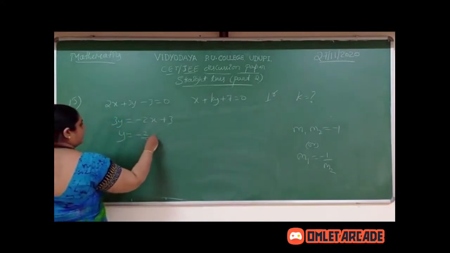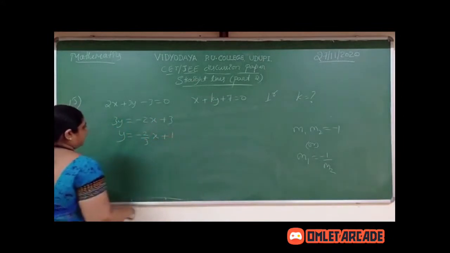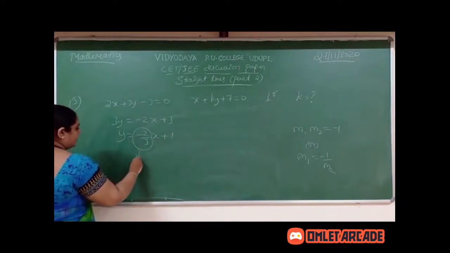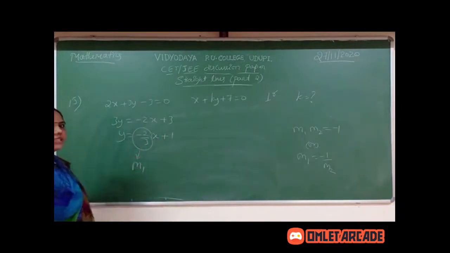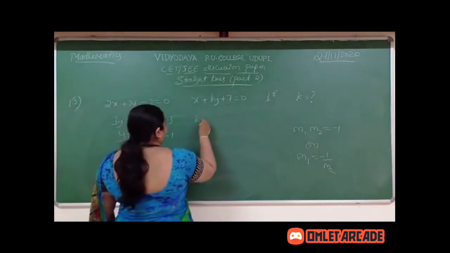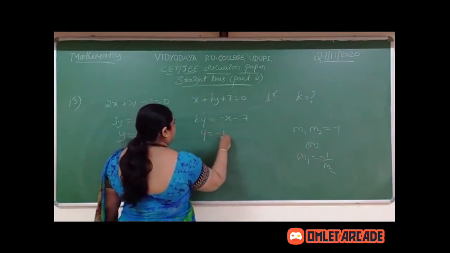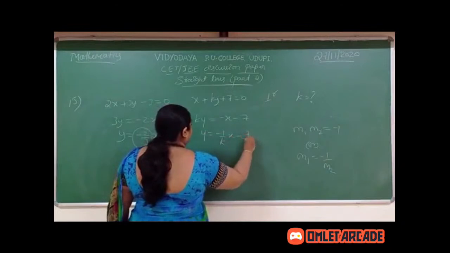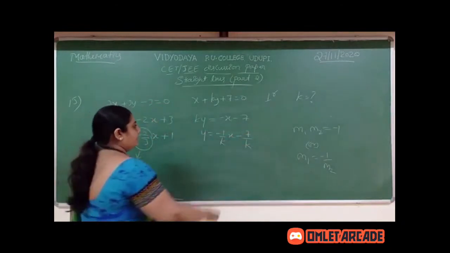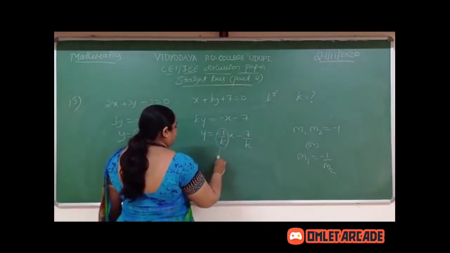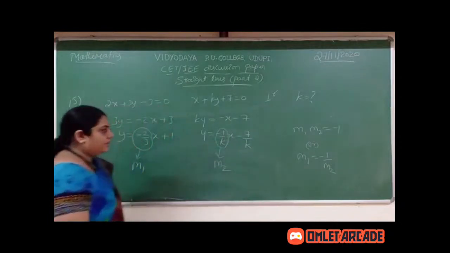So y is minus 2 by 3 x plus 1. So can I say this is m1, students? The slope of the first line. Similarly here, ky is equal to minus x minus 7. So y is equal to minus 1 by k x minus 7 by k. So here the slope is m2.